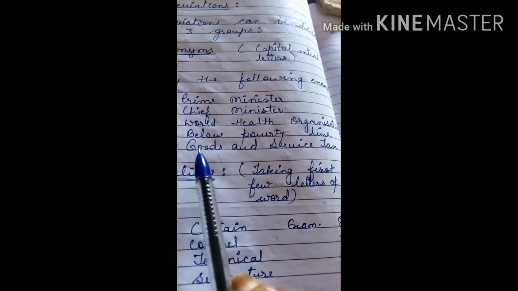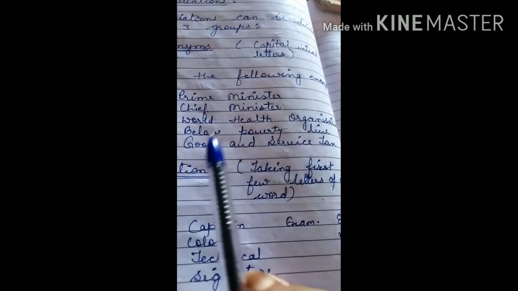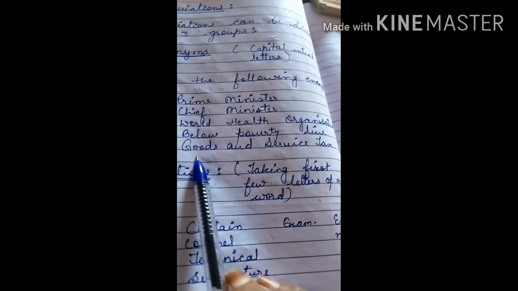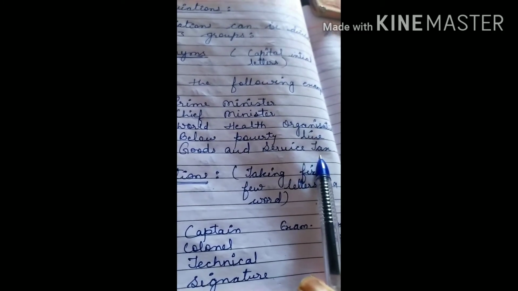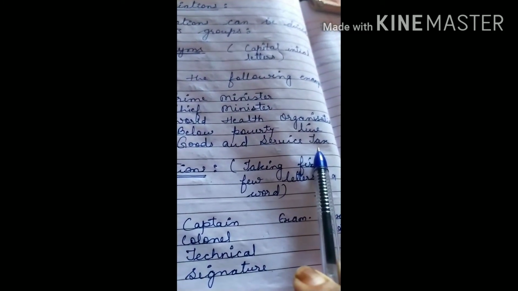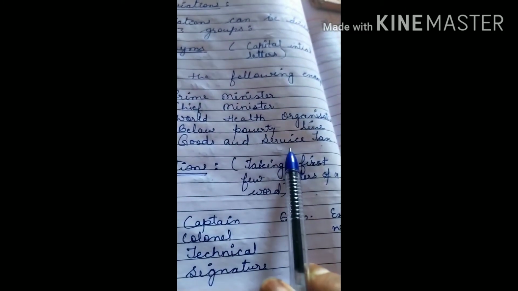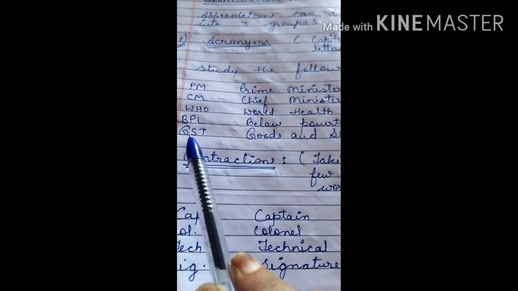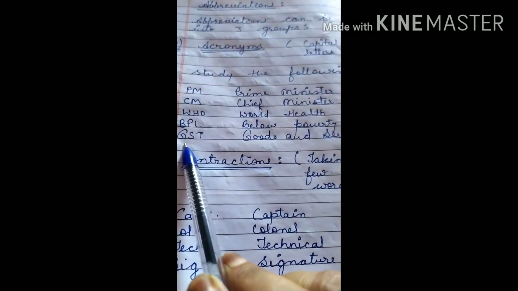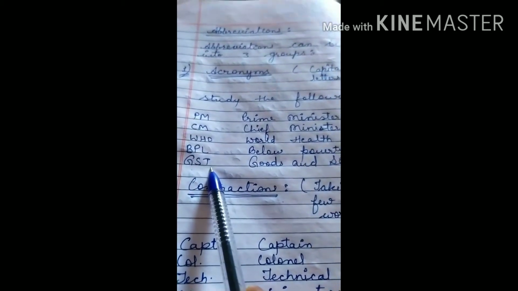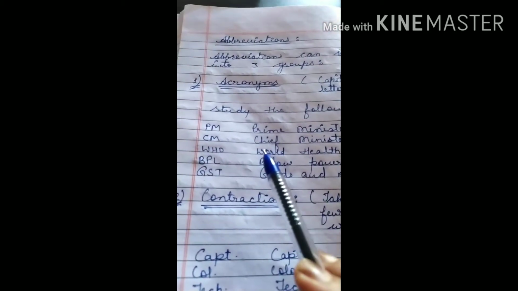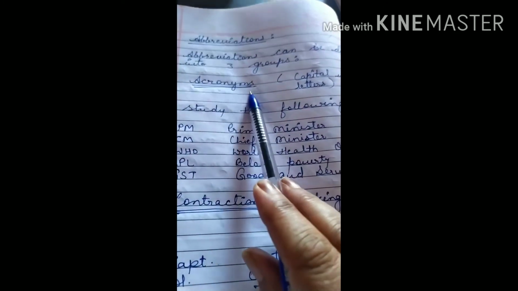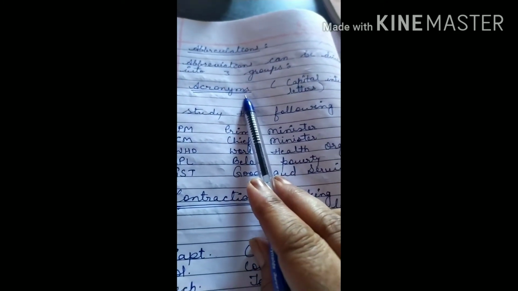See, in this goods and service tax, how many words are there? 1, 2, 3 and 4. So it will be bigger for you. Instead of writing these 4 words, you just write these acronyms. This type of GST is called abbreviations. But what type of abbreviation? Acronyms. And what is acronym?